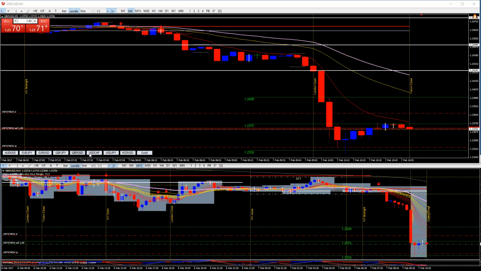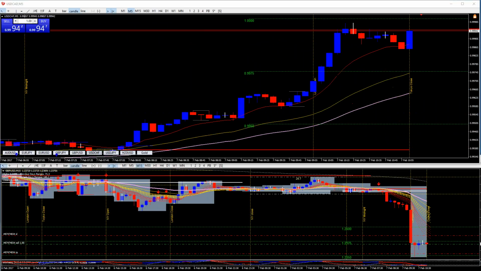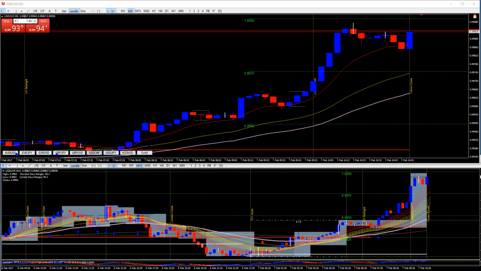Now, I guess I could put a smaller dollar value on, but I have a set goal that I try to achieve every month. I have a set pip value I try to achieve every month, and that's 500 pips minimum. I do have rules.